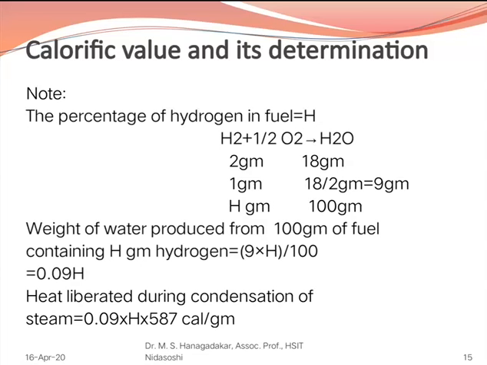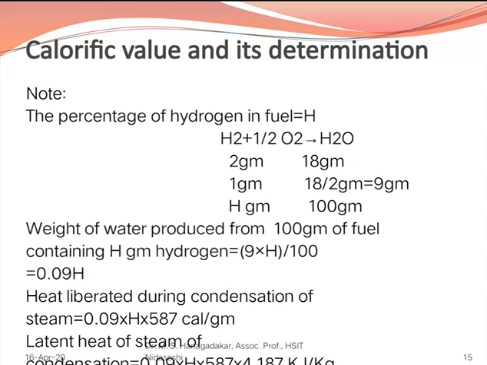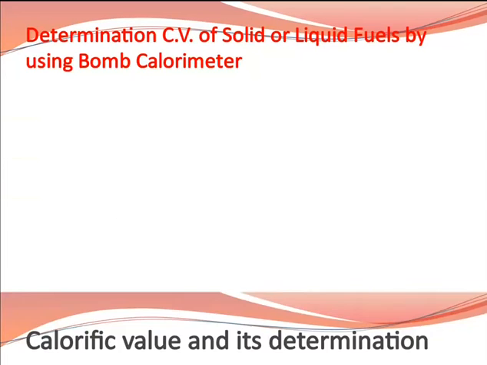Therefore, you must know how much heat is required to convert the H percentage of hydrogen present in the fuel sample. Therefore, the latent heat of steam of condensation in SI unit is 0.09 into H into 587 into 4.187 kilojoules per kg.